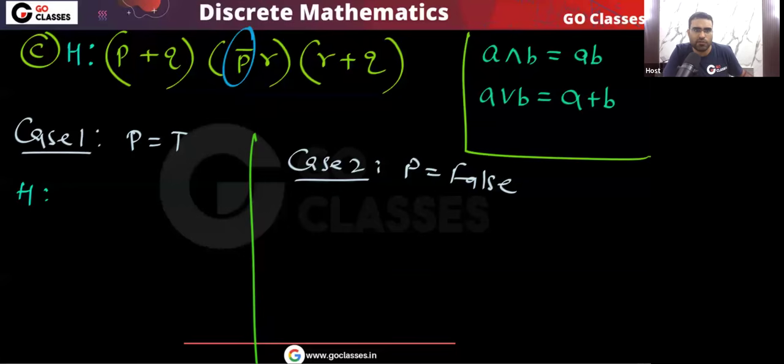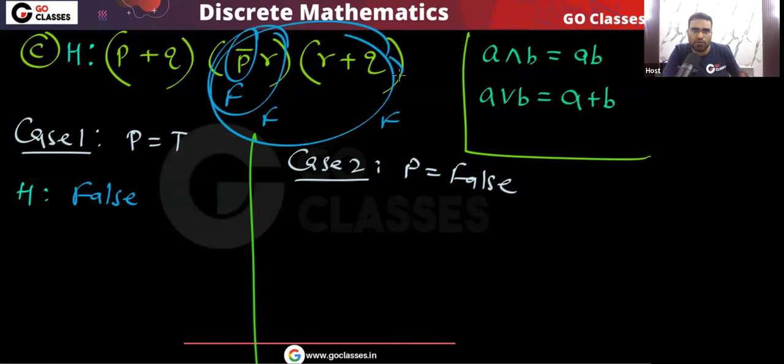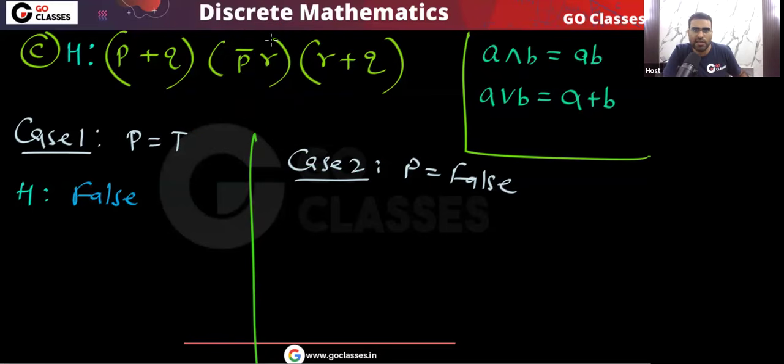False and anything is false. So finally I can say that when P is true, then H is false.